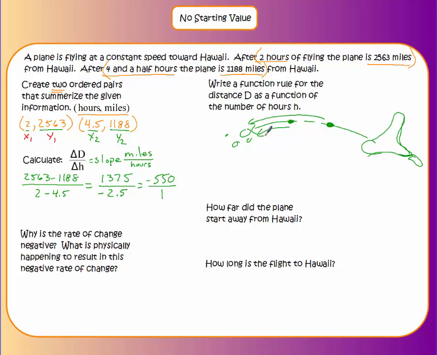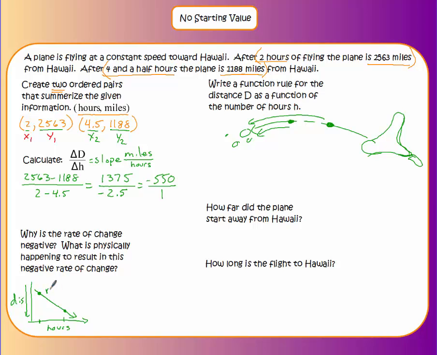Okay, and we saw this with our scatter plots. As one thing increases, if the other thing decreases, let me just kind of make a little graph down here. As the hours go up, as the distance goes down, then I'm going to end up with what we would call before a negative correlation, right? As the hours are getting bigger, at this many hours, the distance is small. In the beginning, this many hours, the distance is large.